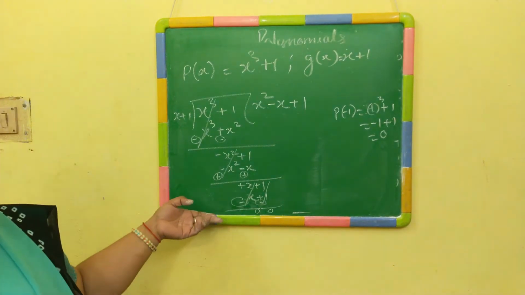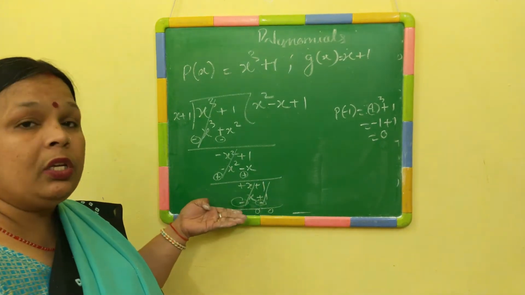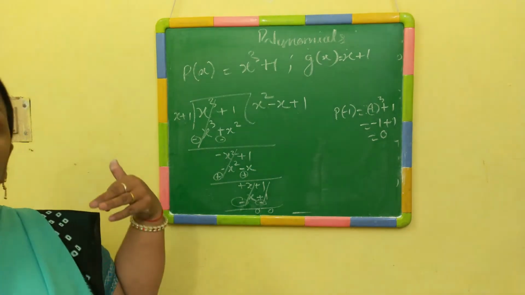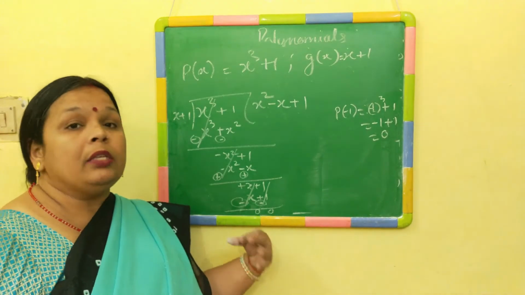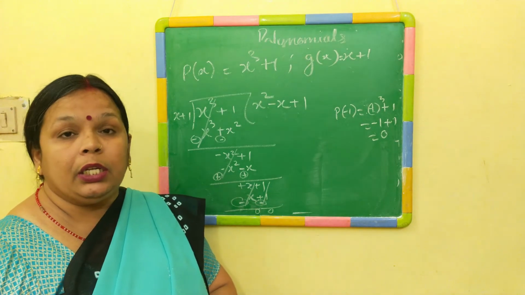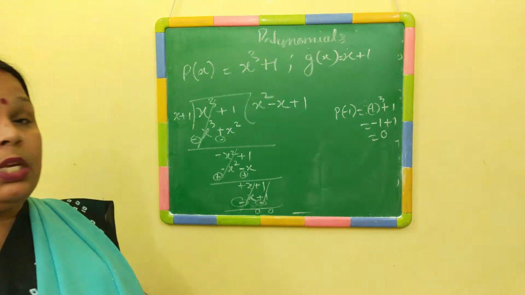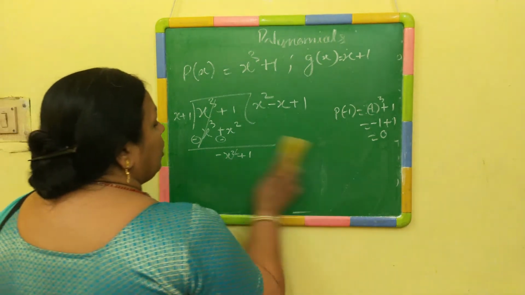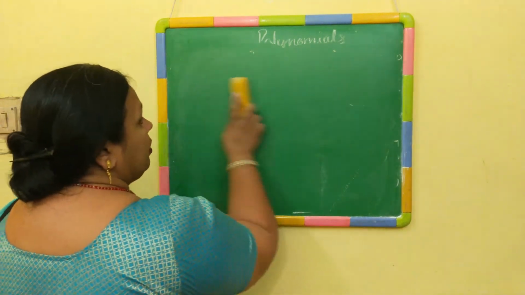So isn't it, in the more than 3 examples we have seen, the actual division process is the same as substituting the value for the variable and getting the remainder. So based on these examples, we can conclude the remainder theorem. What is the remainder theorem?